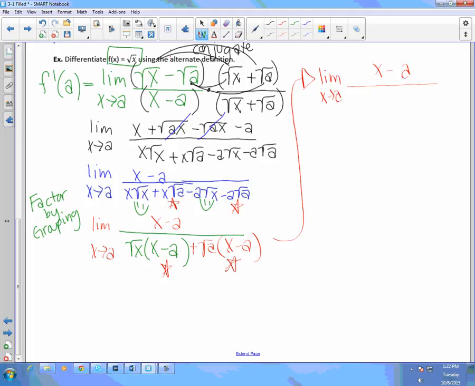They have something else in common. If I pull out what they have in common, it's x minus a. If I take off x minus a, what remains? Square root x plus positive root a. What was the point of doing all that?